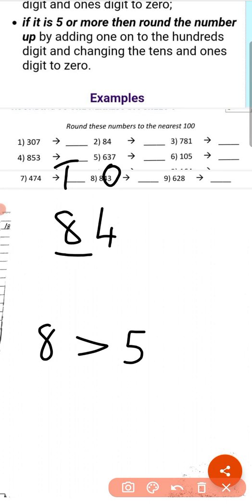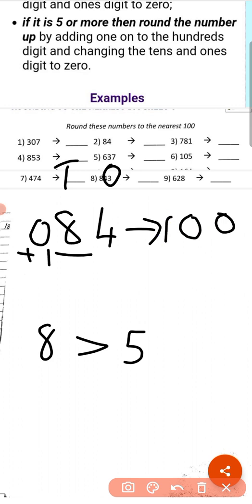So you should add 1 to the hundreds digit. Here there is nothing in the hundreds digit, so put a 0. What is 0 plus 1? 1. Then change the tens place and ones place to zeros. So 4 becomes 0, 8 becomes 0, and 0 plus 1 is 1. So our number is 100.